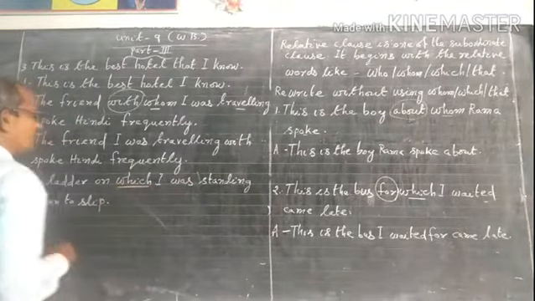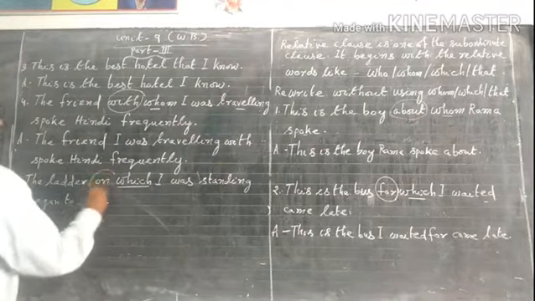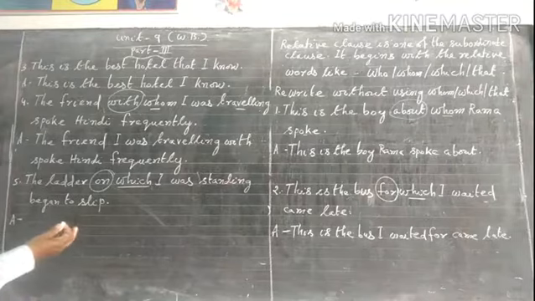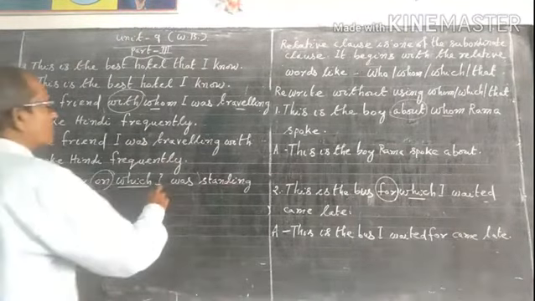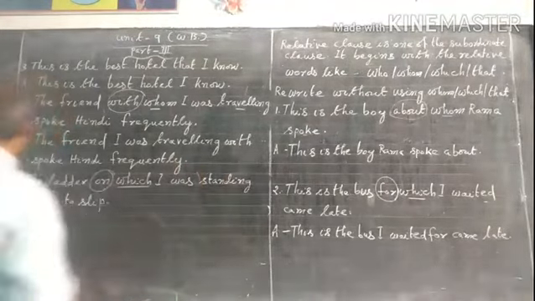Okay? So the ladder on which I was standing began to slip. Which is the relative word? We have to drop it. Then we have to find out the preposition. On is the preposition. We will change its place after the verb. I was standing. Then after standing, we have to use on.